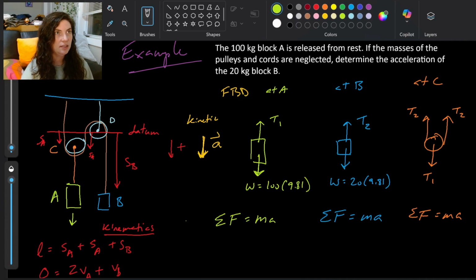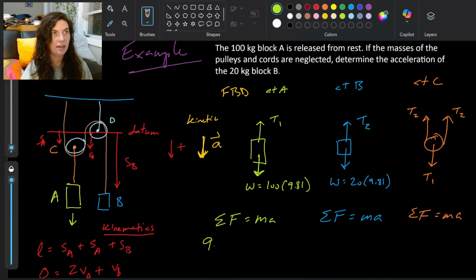So at A, my sum of forces at A is going to be, bearing in mind that downwards is positive. This is the coordinate system that we've set. Downwards is positive.